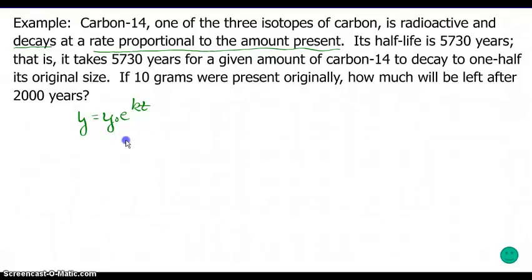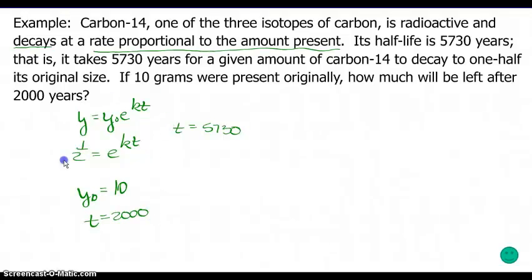Its half-life, so now I am in this model, because y naught is 1, is 5,730 years. That is, it takes that long for a given amount of carbon-14 to decay to 1/2 its original size. If 10 grams were present originally, how much will be left after 2,000 years?